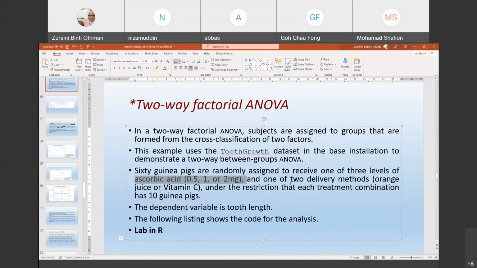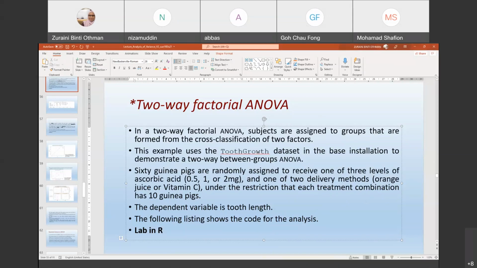Another one is the two delivery methods, whether they give the guinea pigs orange juice or vitamin C, under the restriction that each treatment combination has 10 guinea pigs.